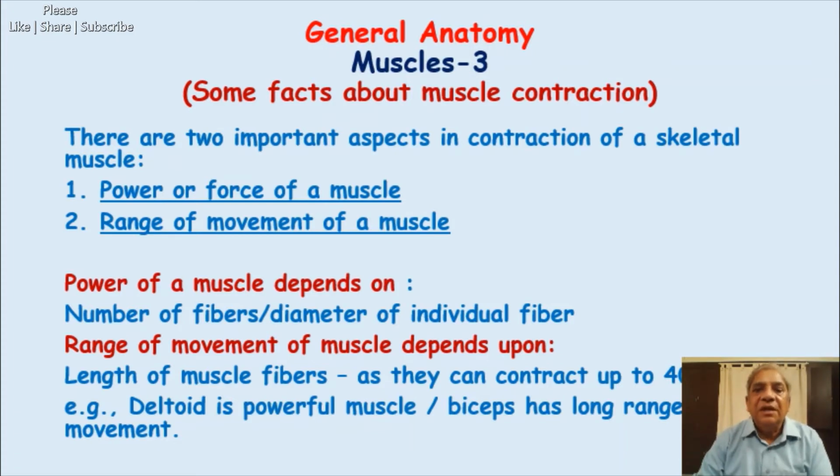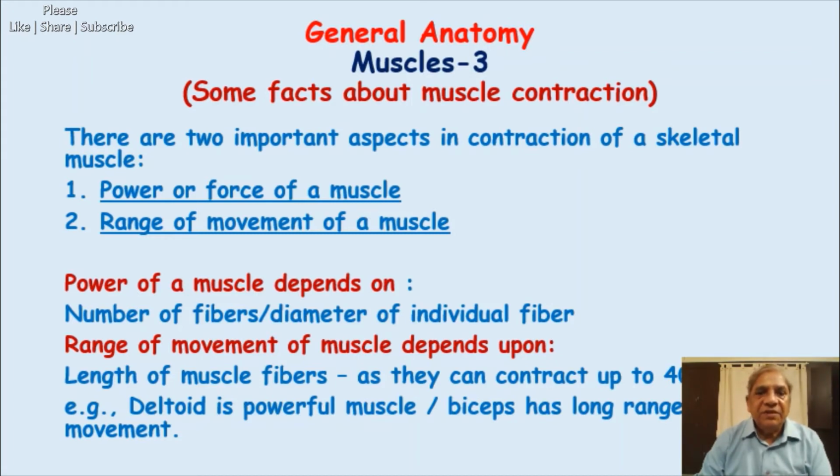So here the range is more, because the fibers in the biceps are quite long. Now you have understood on what factors the power of the muscle depends, and how the range of movement depends on the length of the muscle fiber.